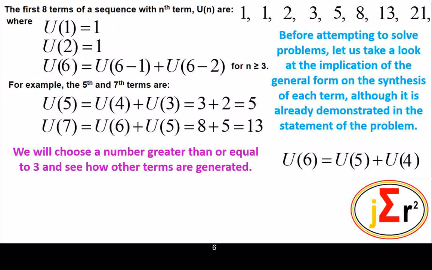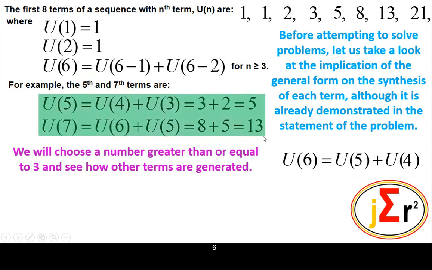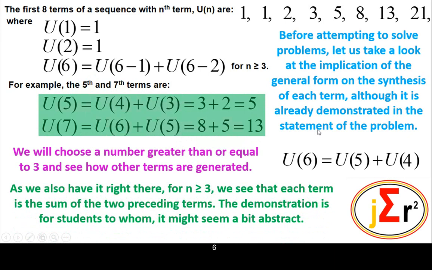So by now there should be nothing abstract about how we arrive at each term. As we also have it right there for n greater than or equal to 3, we see that each term is the sum of the two preceding terms.